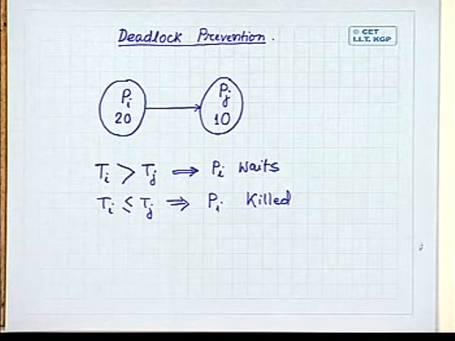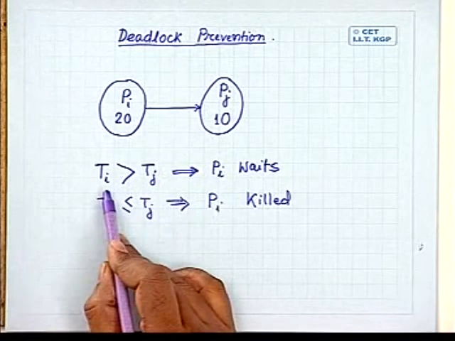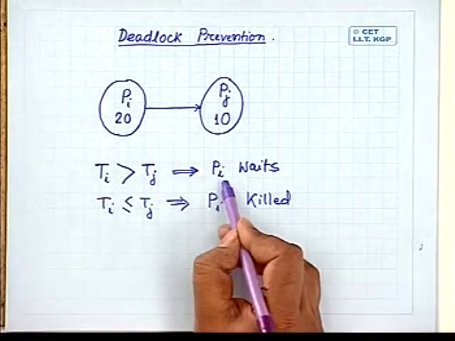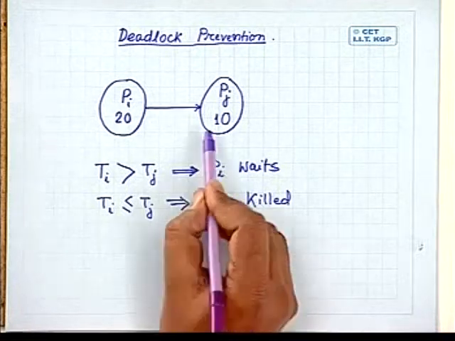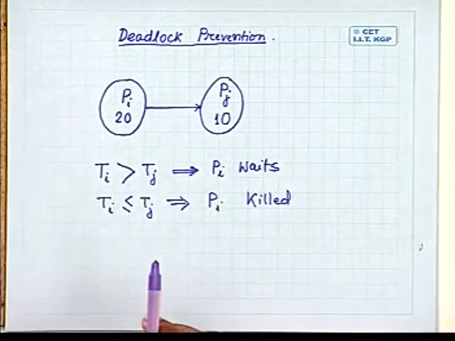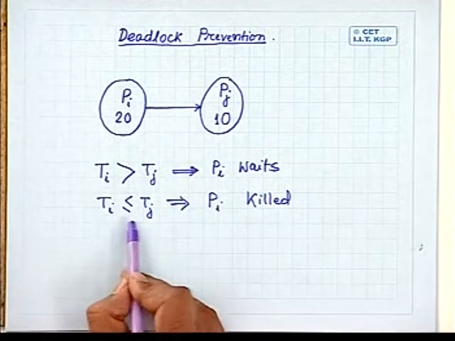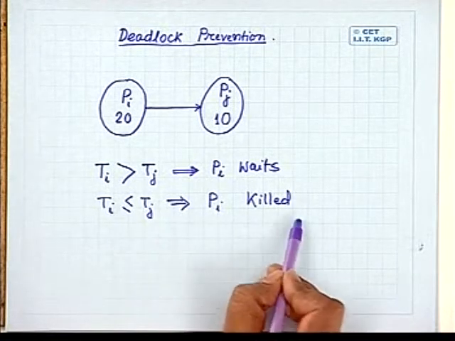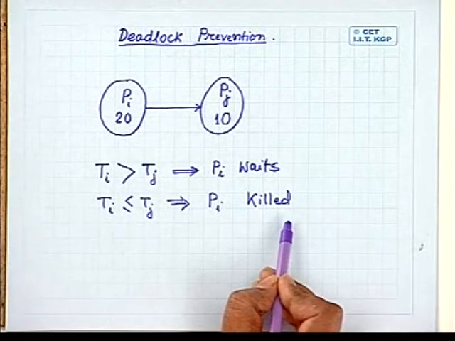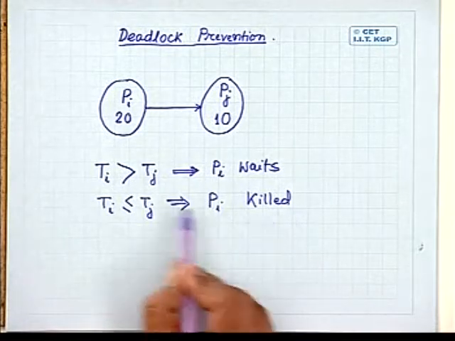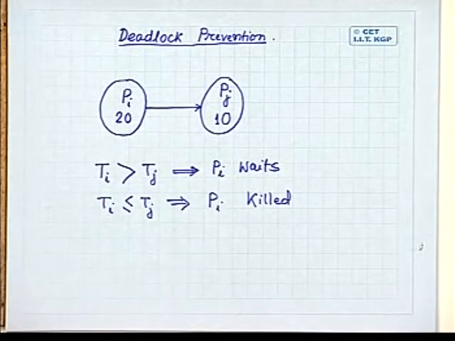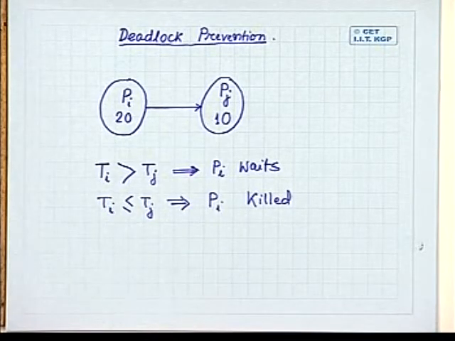A very simple strategy like this. So if Ti is greater than Tj, Pi will be asked to wait until Pj completes and releases the resources. If Ti is less than or equal to Tj, Pi will be killed. If you follow this condition, you find that there can never be any circular wait condition.